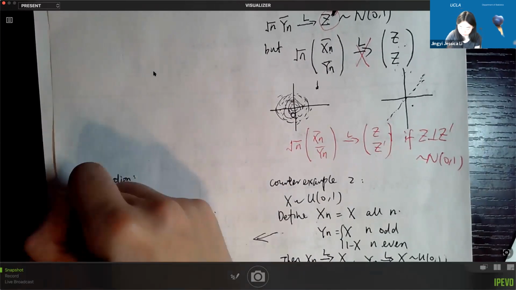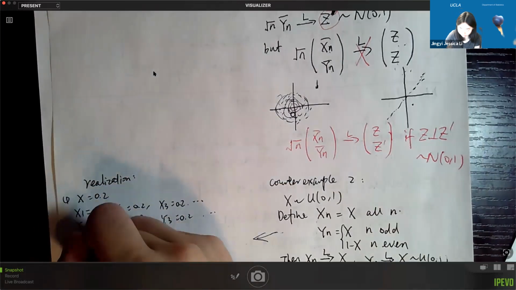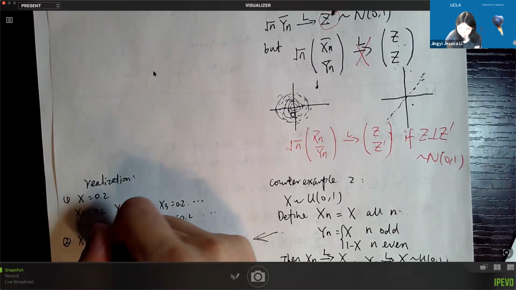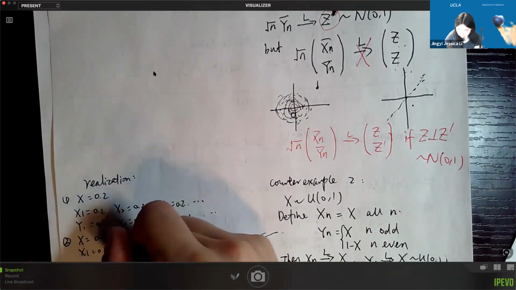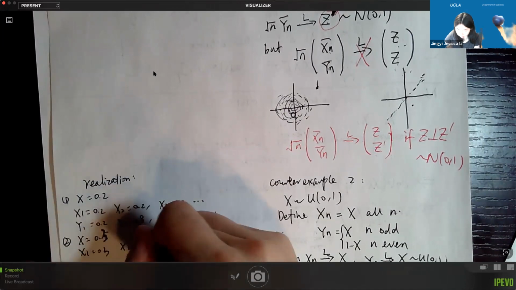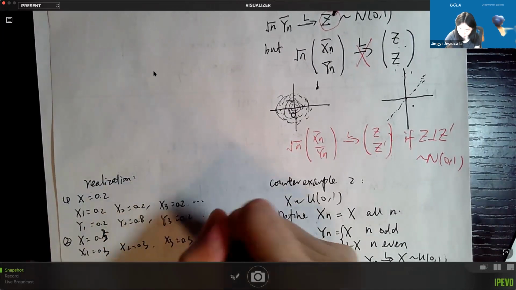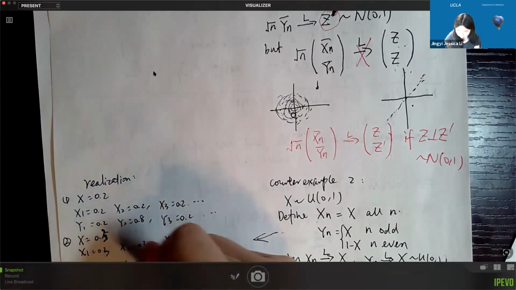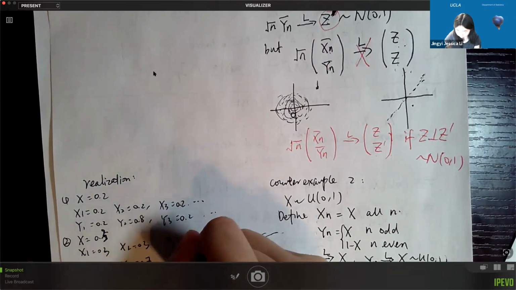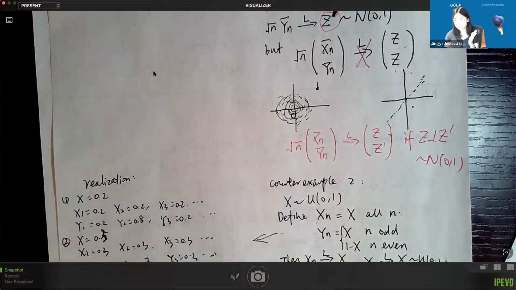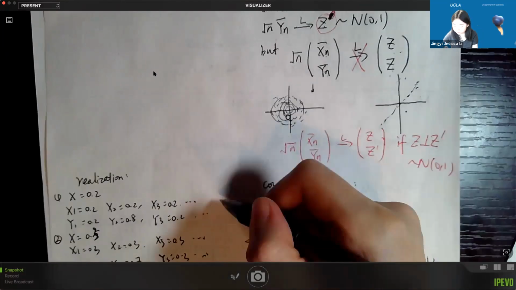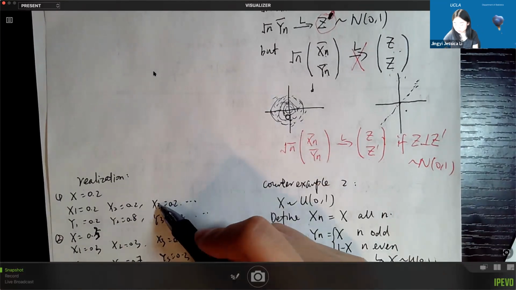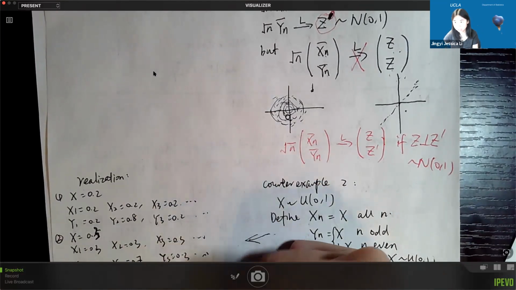And in another realization, let's say X equals 0.3. X1 is 0.3, X2 is 0.3, X3 is 0.3, and so on. Y1 is 0.3, Y2 is 0.7, Y3 is 0.3. So when I say convergence in law, I'm looking at a large n, and then looking across the values of the realizations of Xn.